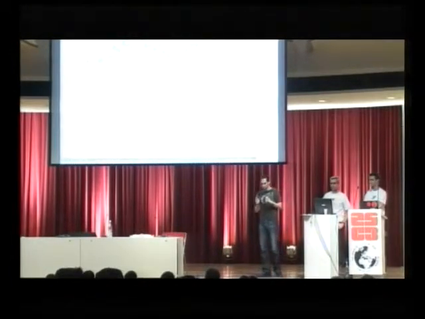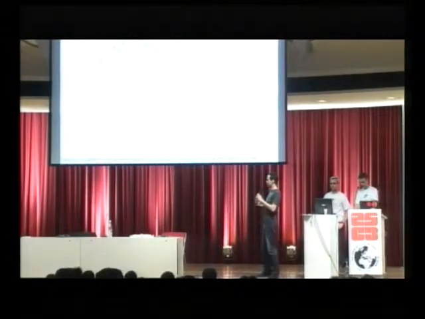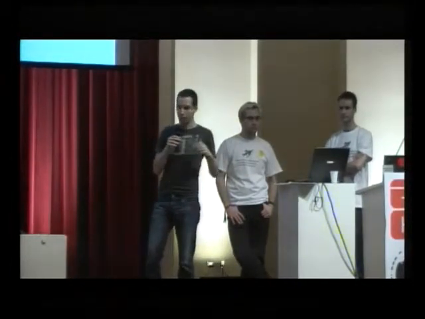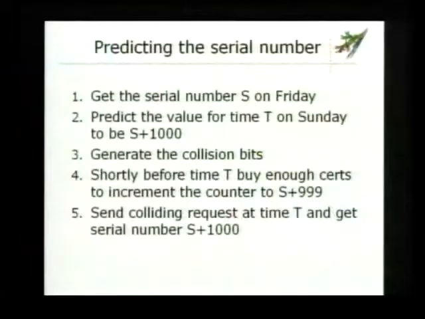This means that pretty reliably, RapidSSL issues between 800 and 1,000 certificates each weekend, from beginning of Friday to Sunday night. So if we get a certificate on Friday night, we'll get the serial number S. Then we can predict that on Sunday night, the serial number is going to be S plus 1,000. And this is going to be an upper bound.